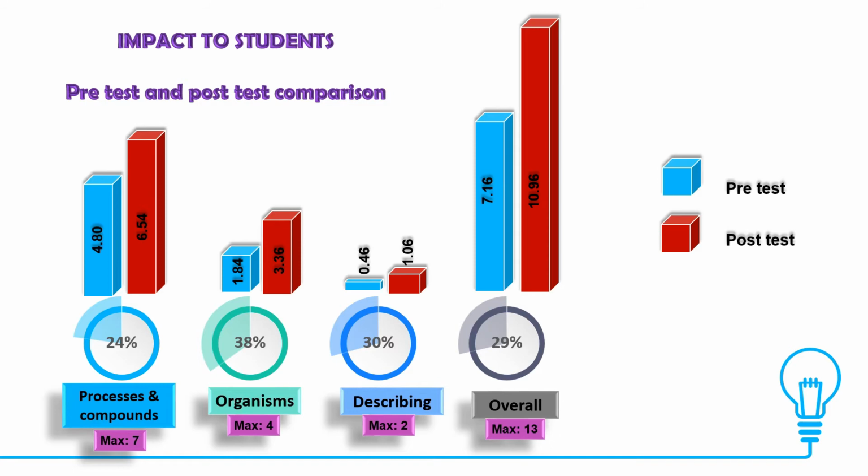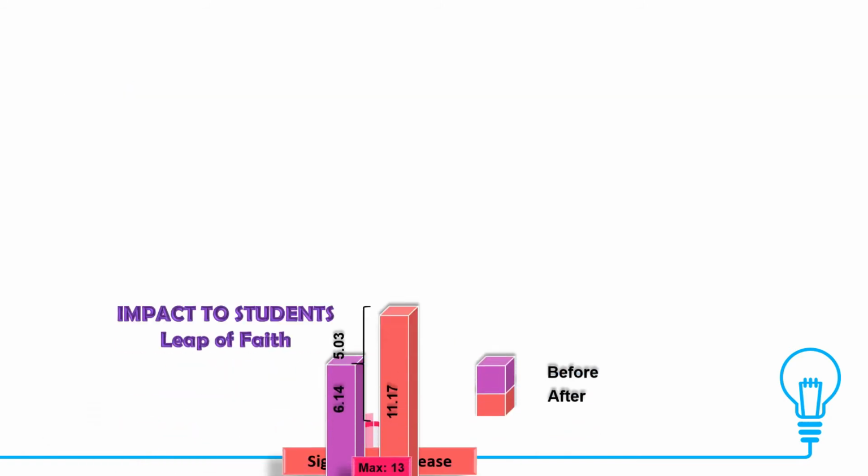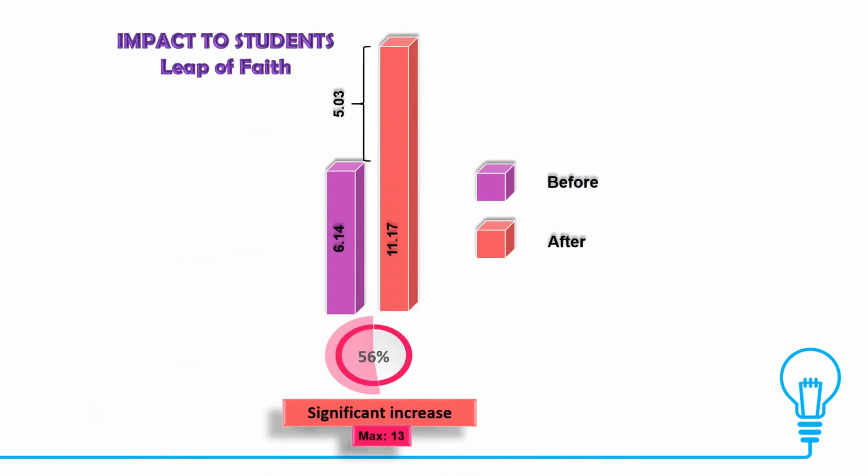Overall, the score increased 29%, from 7.16 to 10.96 out of 13. Also, we noticed that 56% of the students gained a significant increase in the mean of the post-test, with an average increase of 5.03, from 6.14 to 11.17 out of 13.